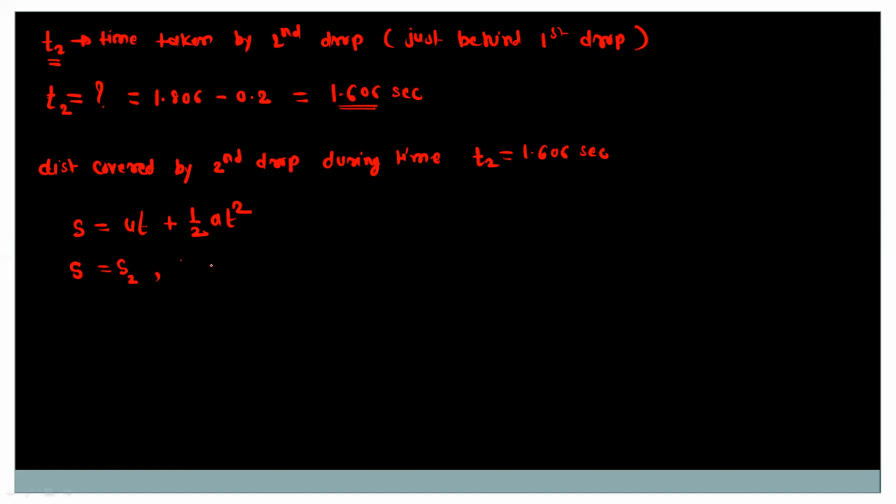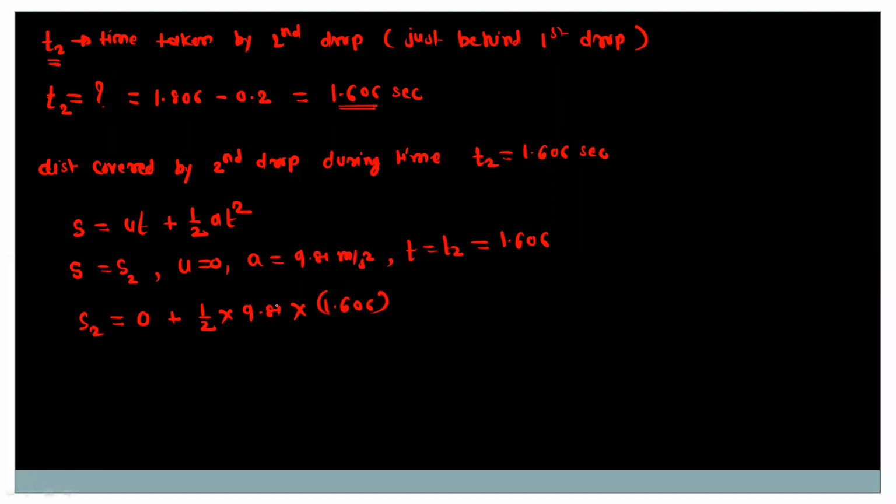Then u is 0, acceleration is the same, plus 9.81, and t is equal to t2, that is 1.606. So s2 is equal to 0 plus half 9.81 into 1.606 square. Get the value of s2, that is the distance covered by the second drop during the time 1.606 second.